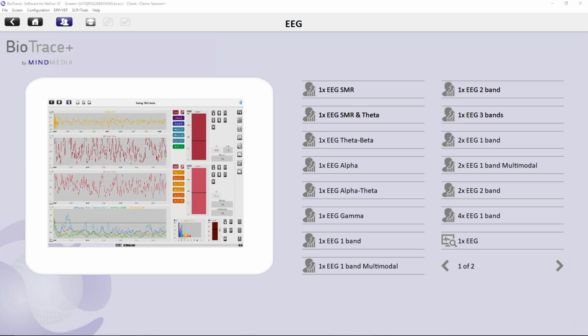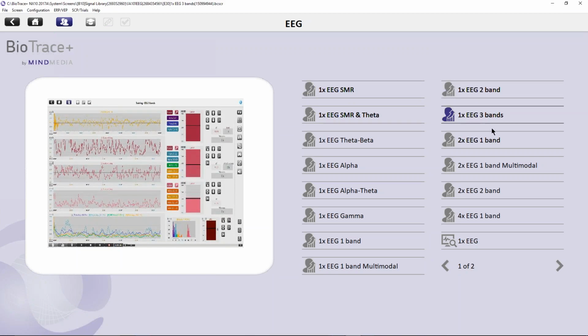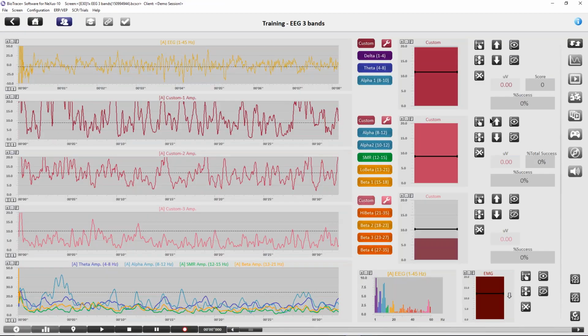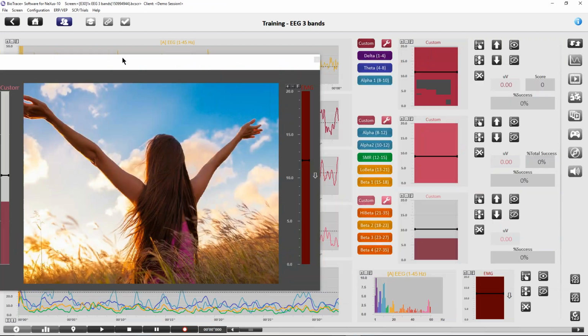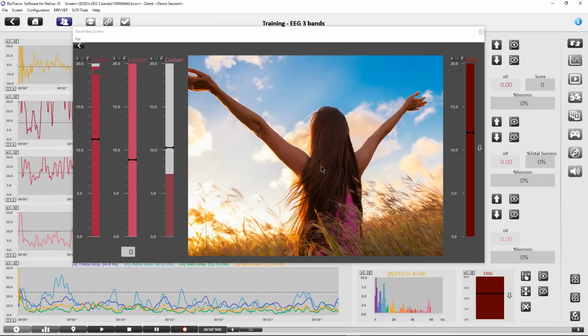For example, the EEG 1 3-band should have an audio screen, which will show up on my secondary screen. Now there's an audio file that's built into the image, unfortunately, so I could select a different image.